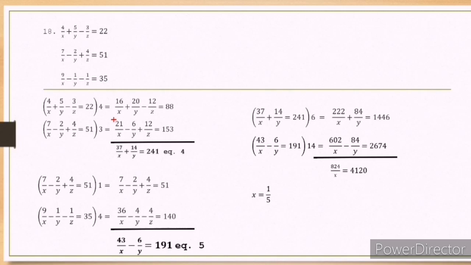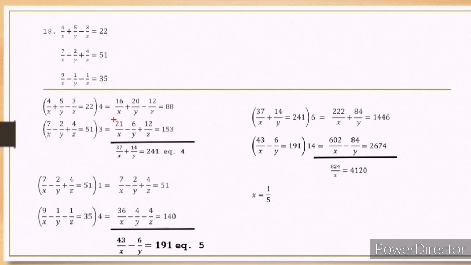Let's solve equation number 5. 7 over x minus 2 over y plus 4 over z is equal to 51.